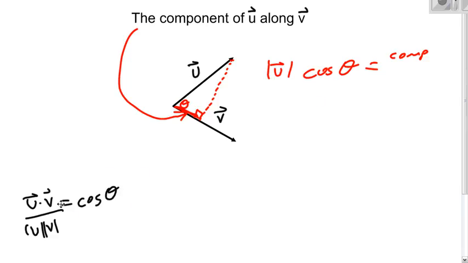So if you substitute that in, we'd have the length of u divided by the length of u. Those are going to cancel. So we get the dot product, u dot v divided by the length of v.